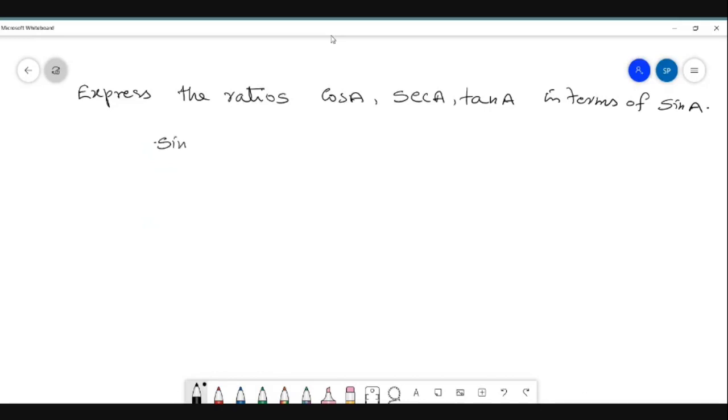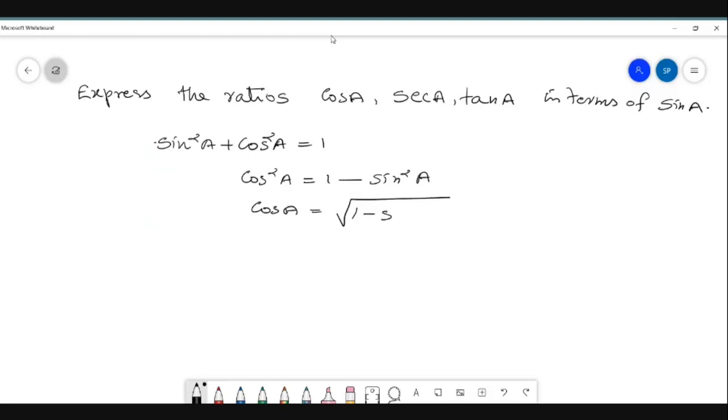We need an expression for cosine. So let us write cos square A equal to 1 minus sin square A. So what is cos A? Cos A is root of 1 minus sin square A.